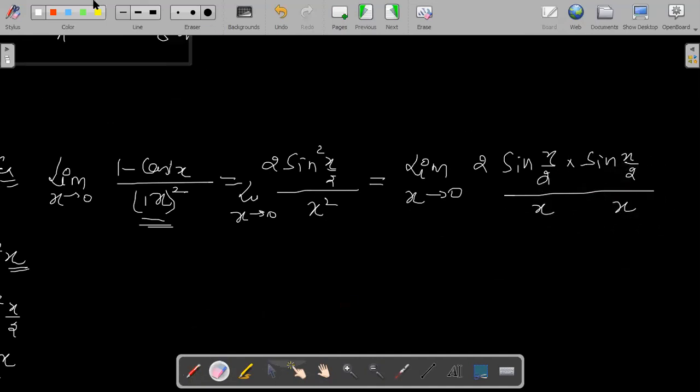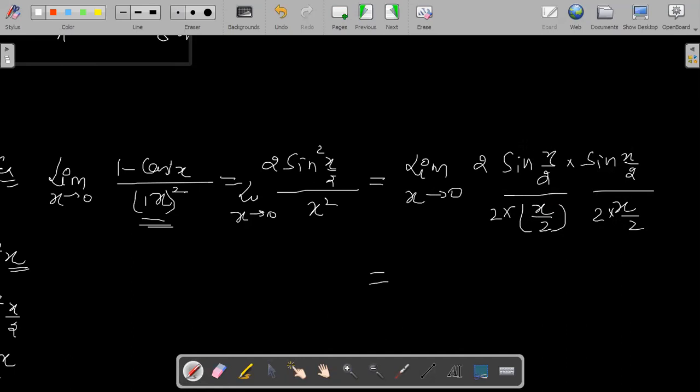I can write it separately. Now 1 by 2 is multiplying with this x, so we have to maintain 1 by 2 with this x as well. 1 by 2 is multiplying with this part as well, so I have to write this.